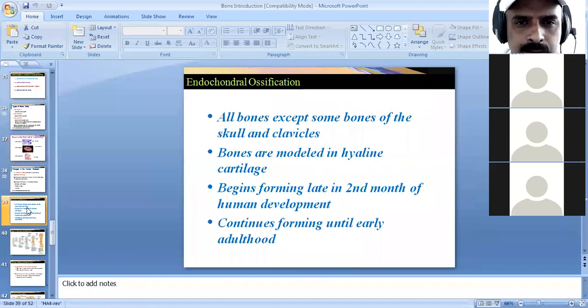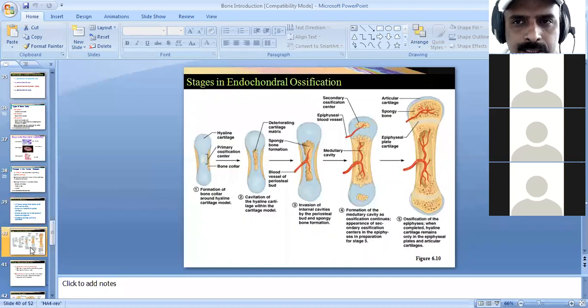Then all bones except some bones of the skull and clavicle undergo endochondral ossification. Here you can see with this diagram how the bone starts ossification and its development. Here the center of ossification starts, with hyaline cartilage, and these are the primary centers of ossification.